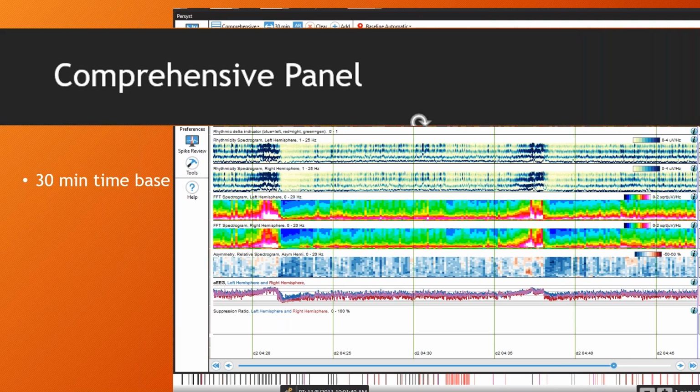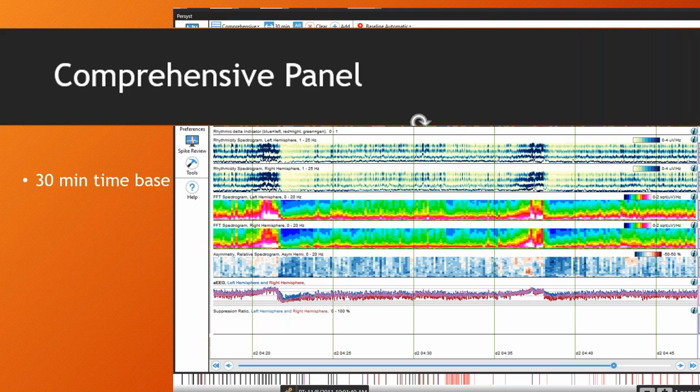Let's make that 437. There's an increase in the power in the higher ranges in the FFT spectrogram, and a change in the relative asymmetry spectrogram that sort of favors the right side a little bit, although not a great deal.